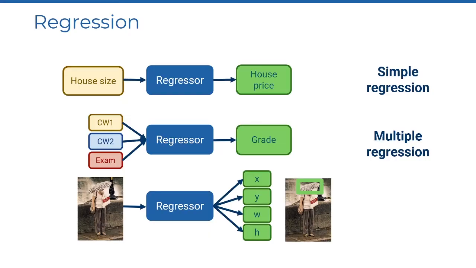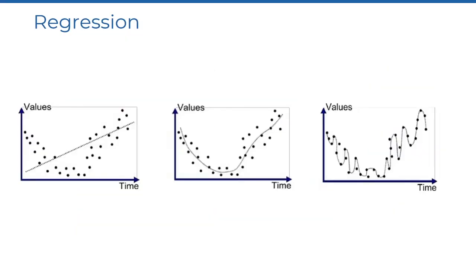So this is actually also a regression task. More specifically, this is called multivariate regression, where you predict multiple output labels.